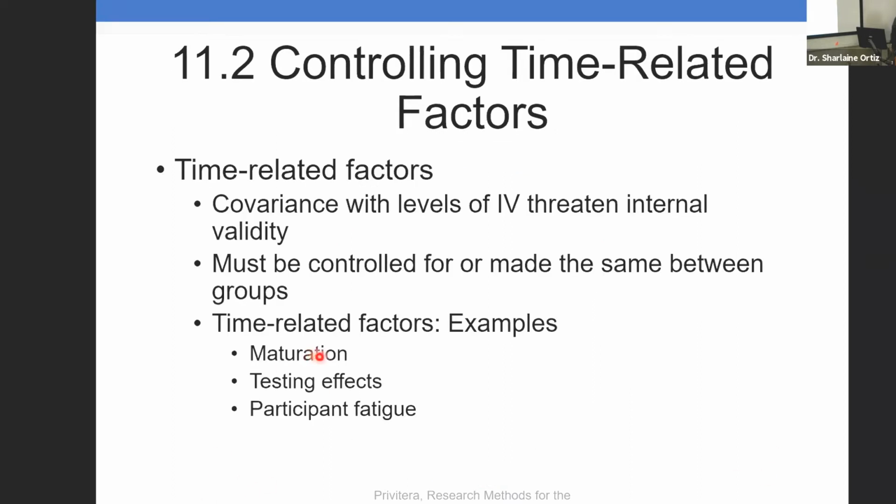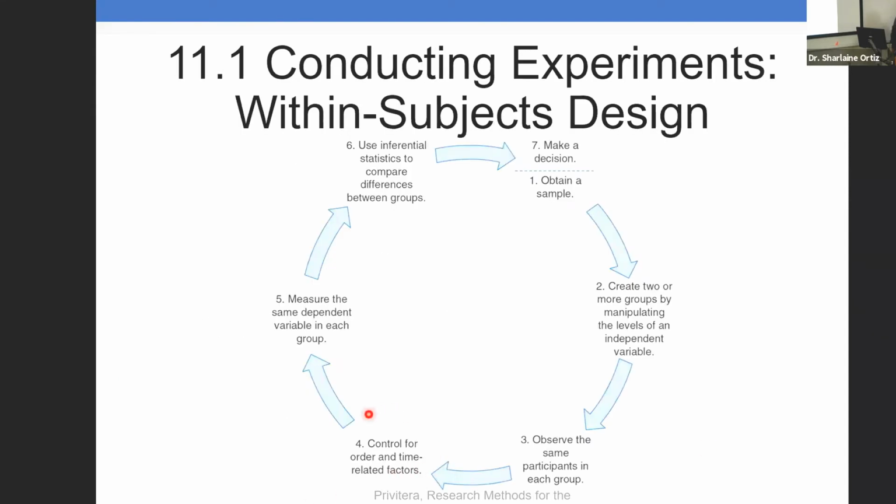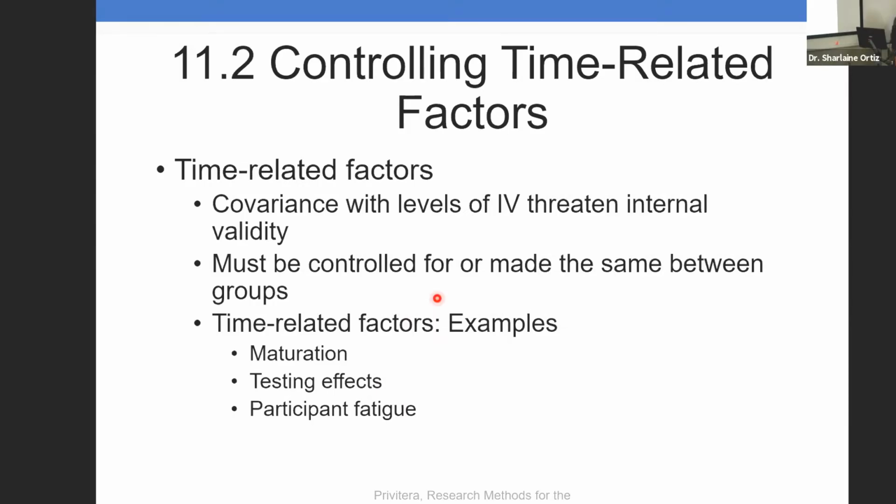All right. Now, as I mentioned, we are going to have issues with control, right? We're going to have issues with control because we are using the same sample. We're using the same exact people. Notice that one of the first issues that we're going to come across is time-related factors.